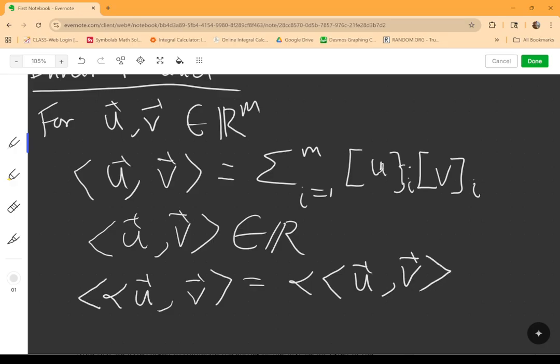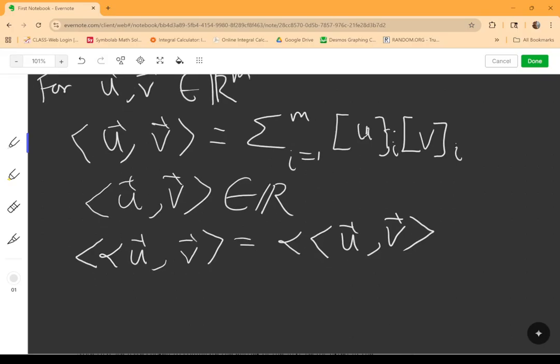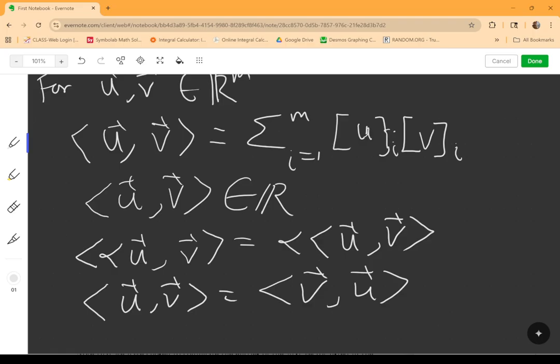Also, it has symmetry, or this commutative property: <u, v> is identical to <v, u>. Again, we ignore the conjugate part since we won't be dealing with complex numbers here. These are the key properties of the inner product. We can define other properties, but they're based on the definition and the fact that scalar multiplication and conjugate symmetry hold.